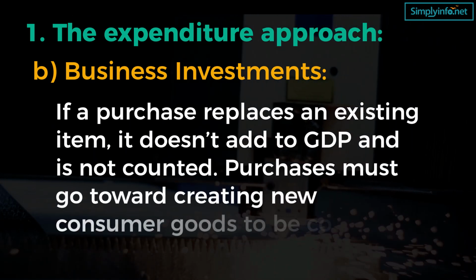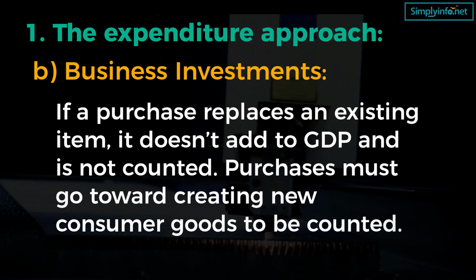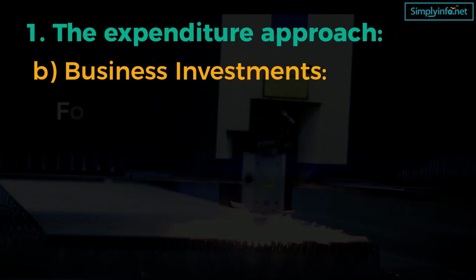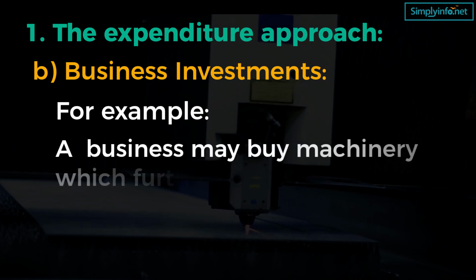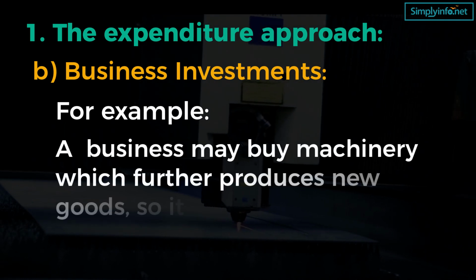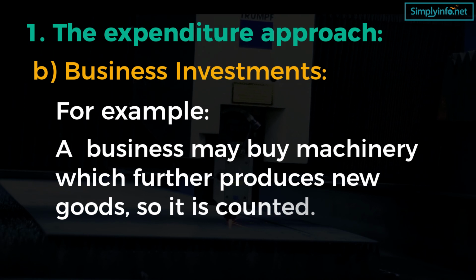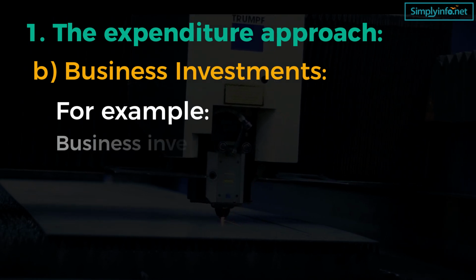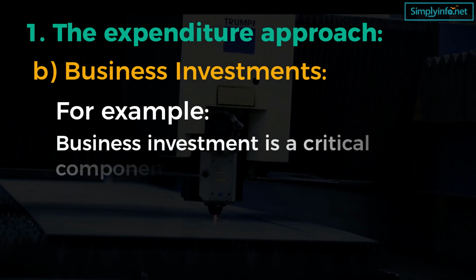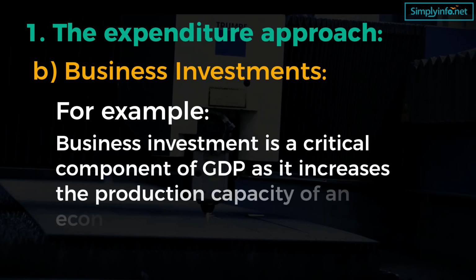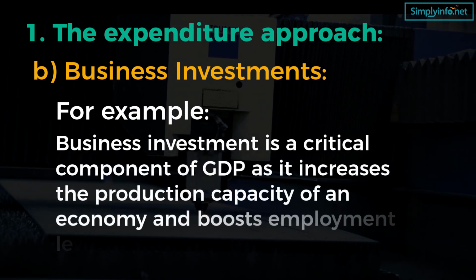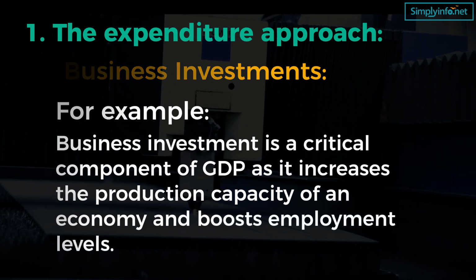Purchases must go toward creating new consumer goods to be counted. For example, a business may buy machinery which further produces new goods, so it is counted. Business investment is a critical component of GDP as it increases the production capacity of an economy and boosts employment levels.